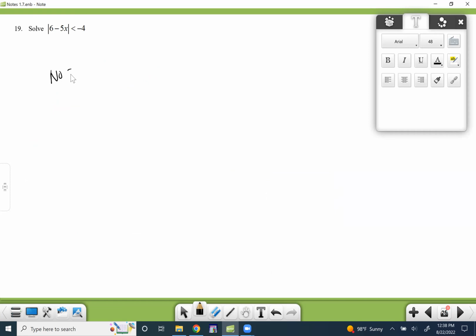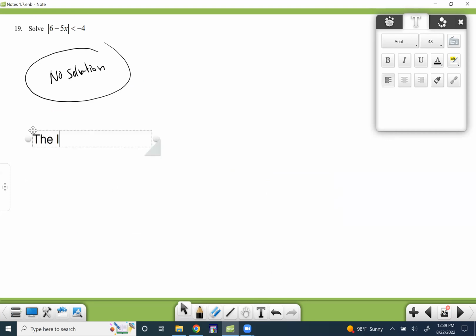I love ones like these because I don't have to do a ton of work. Let's talk about why it's no solution. The left side is getting absolute value, so it's either 0 or positive, right? So it's non-negative.